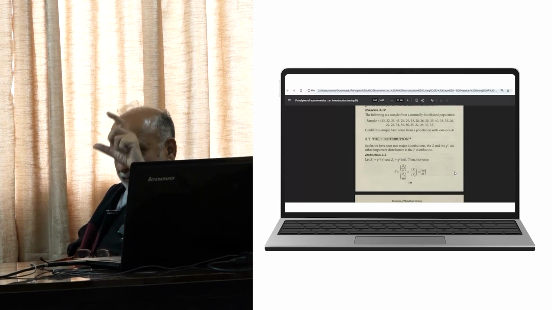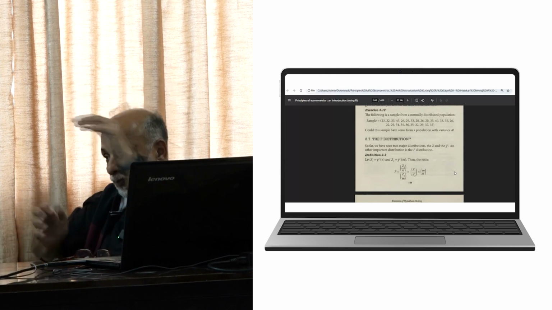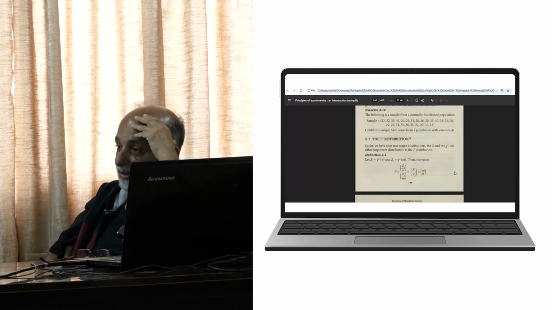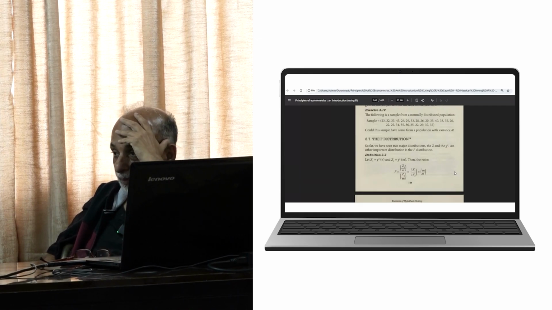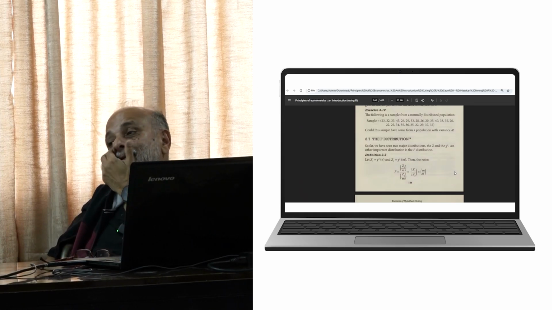Take the first chi-square, divide by its own degrees of freedom, take the second chi-square, divide by its own degrees of freedom, and take the ratio of both; then you get an F distribution. Therefore F is a ratio. The numerator chi-square has n degrees of freedom and the denominator chi-square has m degrees of freedom, so the F has n and m degrees of freedom.